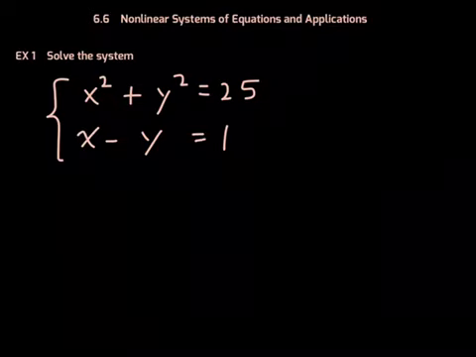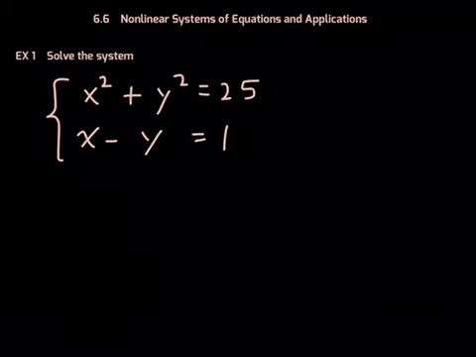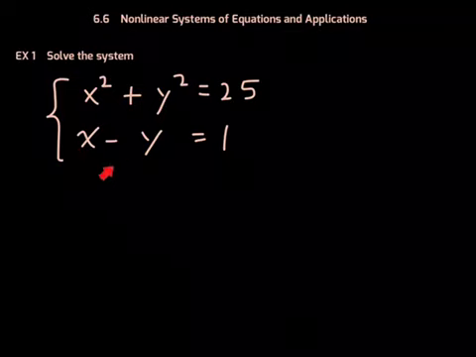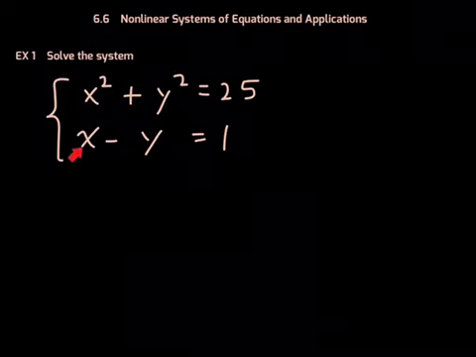The substitution method says solve one of the equations for one of the variables. Because these variables are not being squared, they would be sort of easier to solve for. So let's either solve for x or for y. I'll go ahead and solve for x in the second equation. What I like to do many times is label my equations, okay?